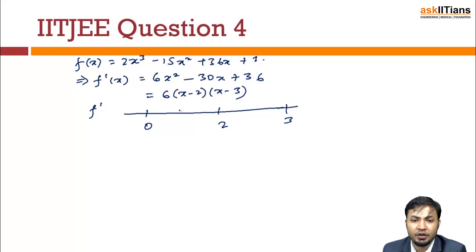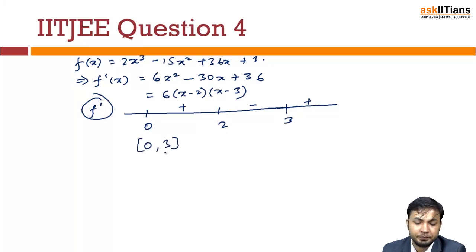Now see this function. From 0 to 2 it will give you a positive value, from 2 to 3 it will give you a negative value, and after 3 again it gives you a positive value for f dash. So the sign of f dash changes from 0 to 3, right?